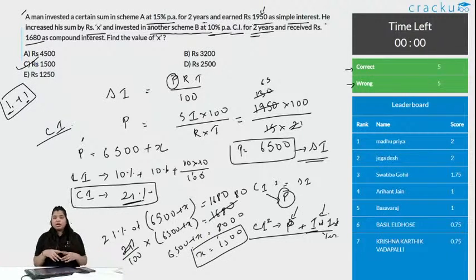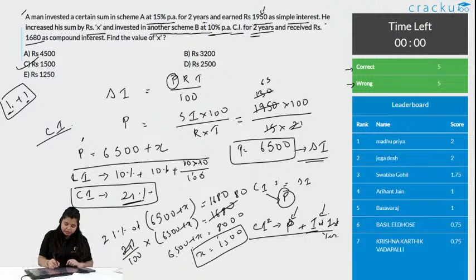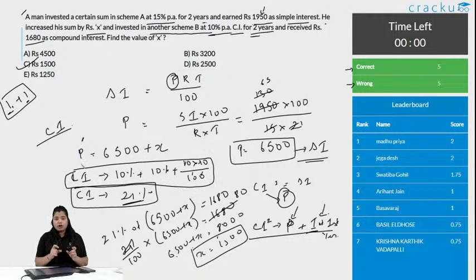See, if you go in a conventional way, what you do is you find the amount, that is principal into 1 plus r by 100 to the power n, where n is time. Or else you can just do this: you can find the exact percent, what percent the compound interest is. So it is 21%, or you have a direct formula for this.